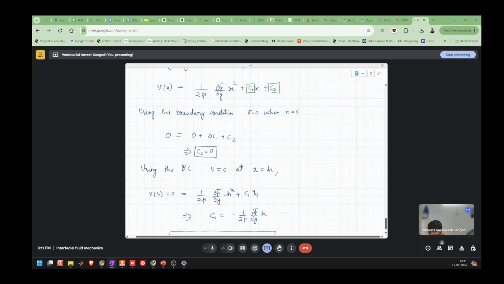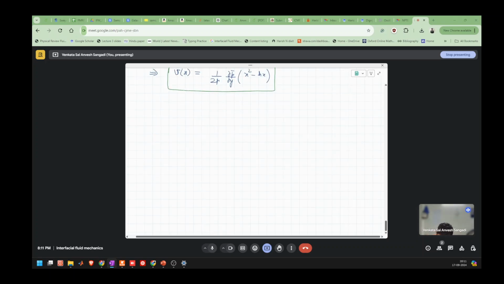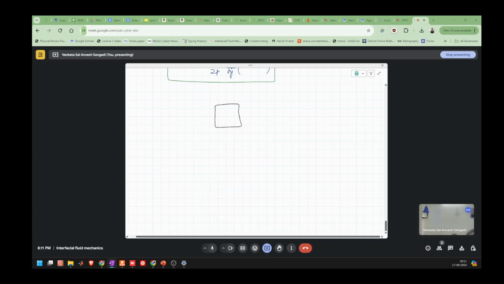So there is shear stress tau, there is weight acting down W, and there is a difference in pressure which is Pi minus PE.